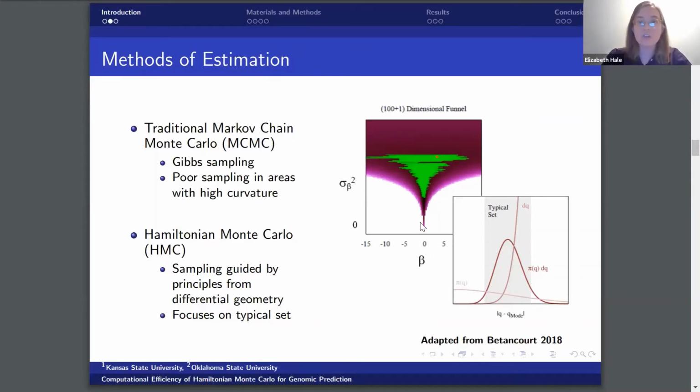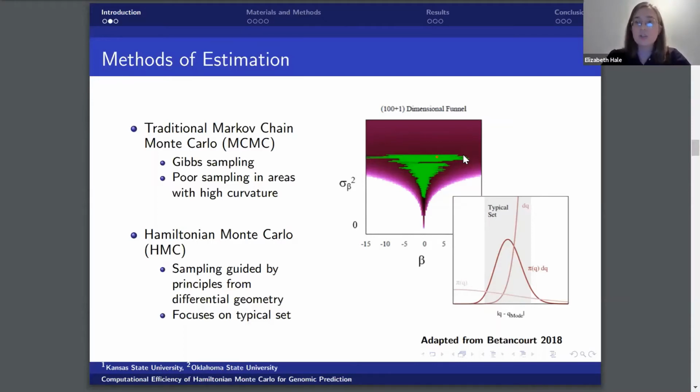And as the traditional MCMC sampler is wandering around in this particular parameter space, it has a really hard time sampling inside of that funnel. And even if it actually does make it inside of the funnel, it has a really hard time getting back out. So you wind up with a rather inefficient and sometimes really biased sampling from that process.